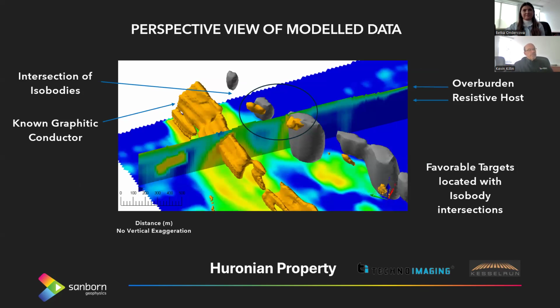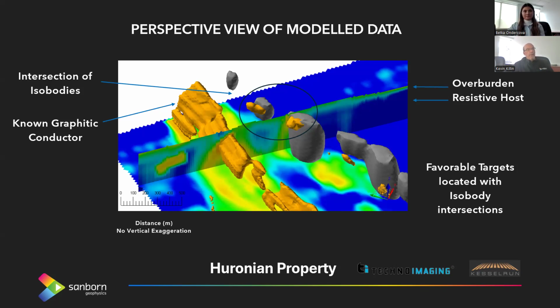So now this is a perspective view of the model data. So again, the data layers are being viewed in another reference frame. For reference to the last slide, the depth section is shown in the image, and the planned depth slice at the bottom is roughly 450 meters in depth, and it still shows the conductors that trend to the northeast southwest.